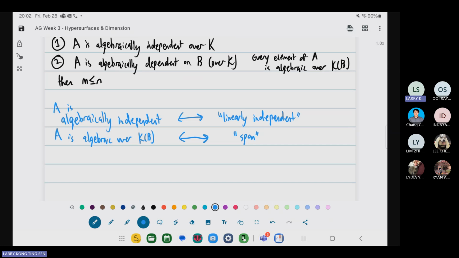So just using B, we can span over A, in the sense that they become solutions of polynomials with coefficients from KB itself.